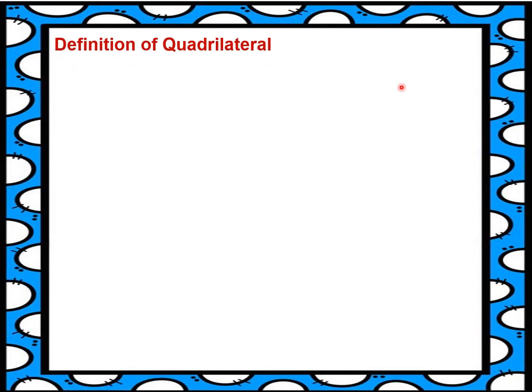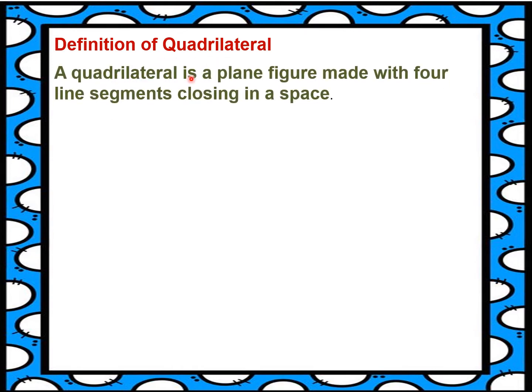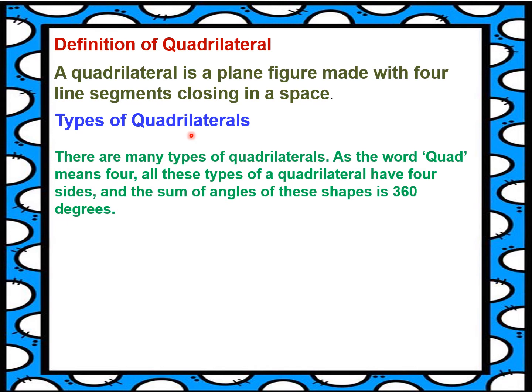Now we will see quadrilaterals. First we will see the definition. A quadrilateral is a plane figure made with 4 line segments closing a space, like a rectangle and a square. There are many types of quadrilaterals, as the word quad means 4.